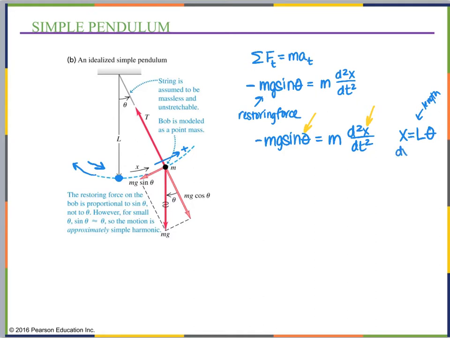And so dx dt is going to be L d theta dt, because the length isn't going to change, and d squared x dt squared is going to be L d squared theta dt squared. So we can substitute this expression right here in for the acceleration, and that's going to allow us to write everything in terms of one variable.